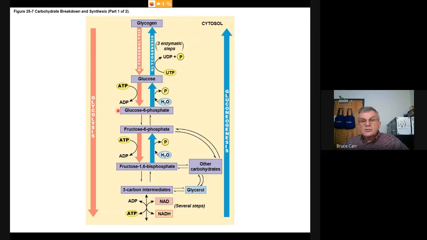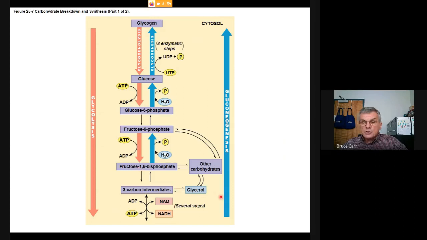Now, there are other processes going on. Our body isn't just a slave to our nutrients. We've talked about glycolysis here for carbohydrate breakdown. We're going to make a couple points about carbohydrates, about proteins, and about fats now. But in addition to glycolysis of incoming nutrients, which we've just covered, there are processes of carbohydrate conversion going on in the metabolism of our cells.